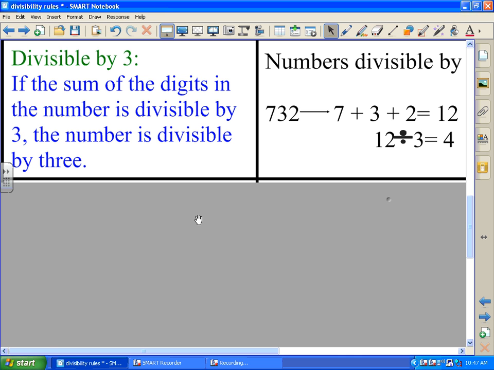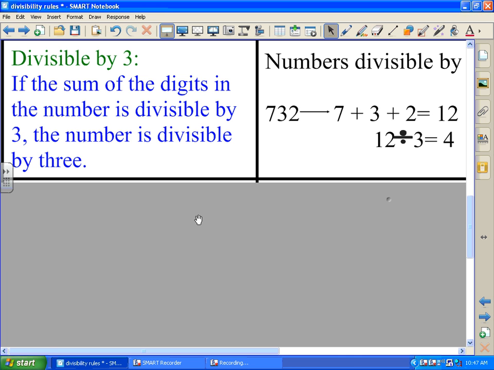Now pay very close attention to the example. If you take the number 732 and you add the number's digits, so the digits are a 7, a 3, and a 2. So I take 7 plus 3 plus 2. 7 plus 3 is 10. 10 plus 2 equals 12.